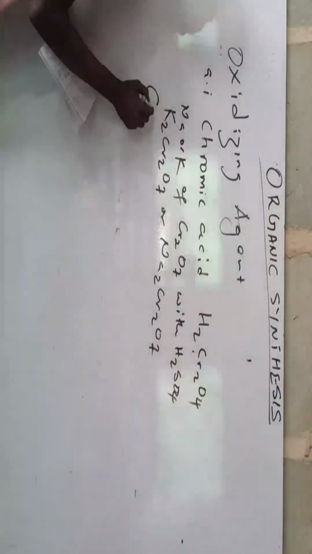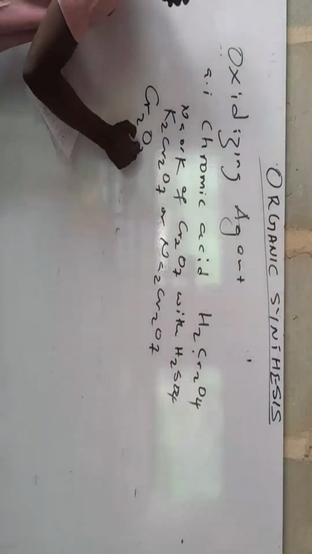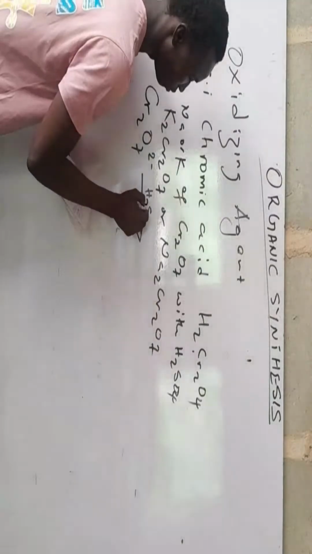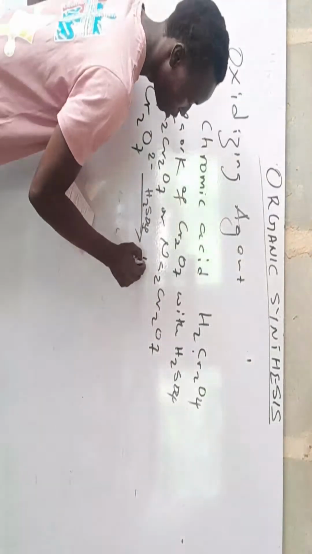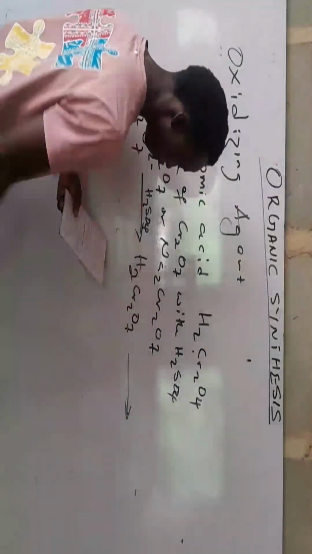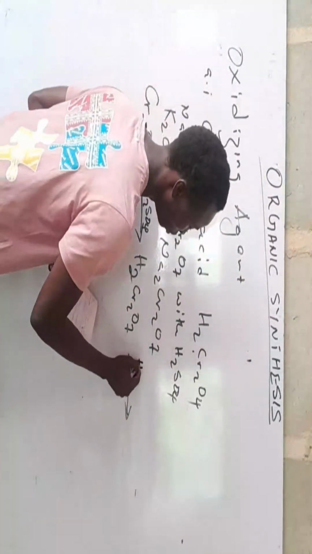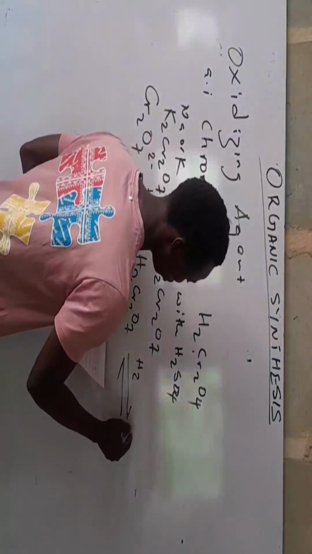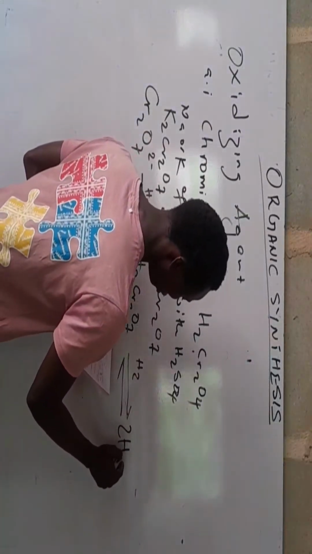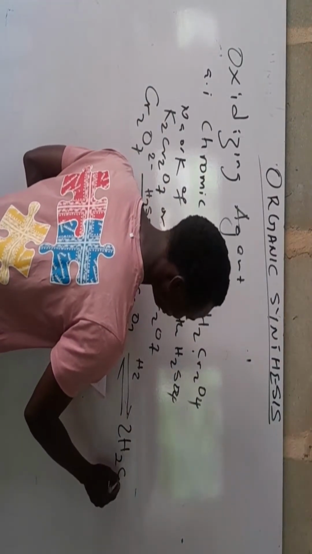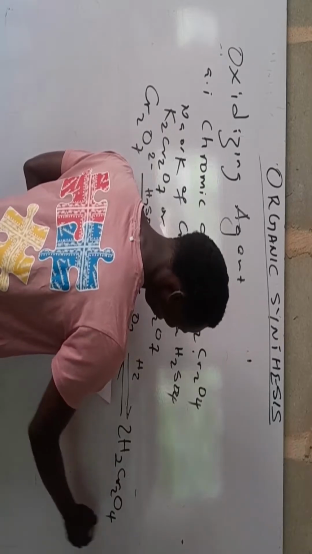And the equation for the reaction is Cr2O7 2 minus, in the presence of H2SO4, to give rise to H2Cr2O7. Then further reaction with H2O produces 2 H2CrO4.